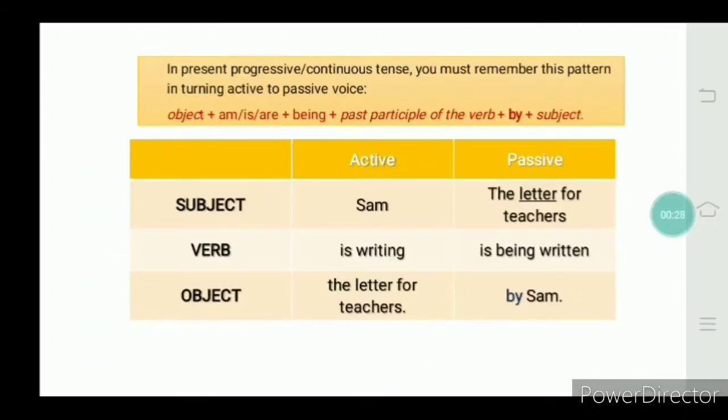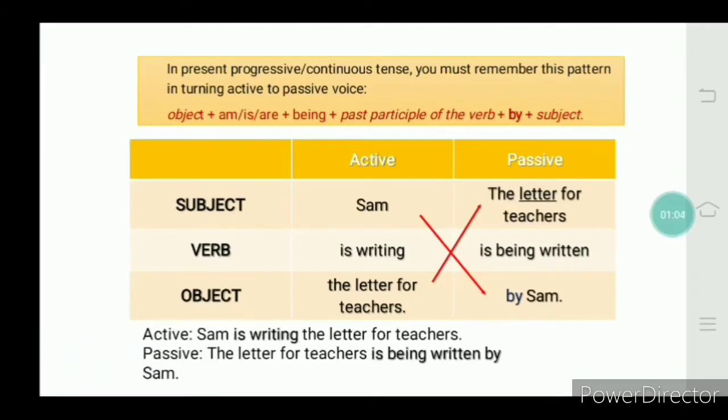Sam is our subject because Sam is the doer of the action, which is writing, and therefore the subject Sam will become our object in the passive voice. And vice versa, our object, the letter, will become our subject. So from Sam is writing the letter for teachers, in passive voice it will become the letter for teachers is being written by Sam.